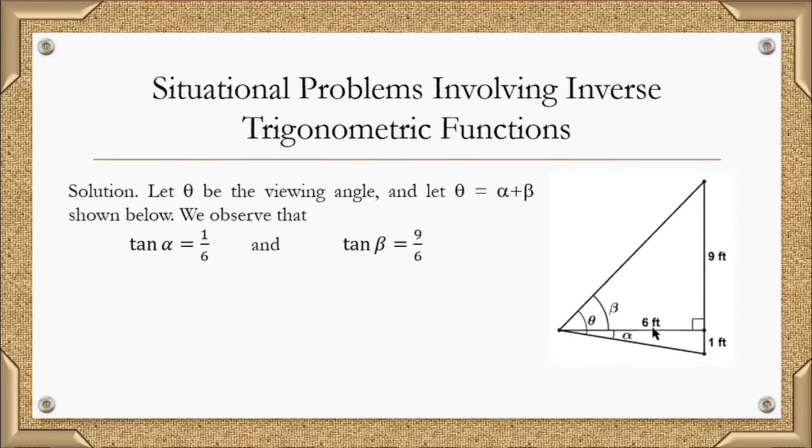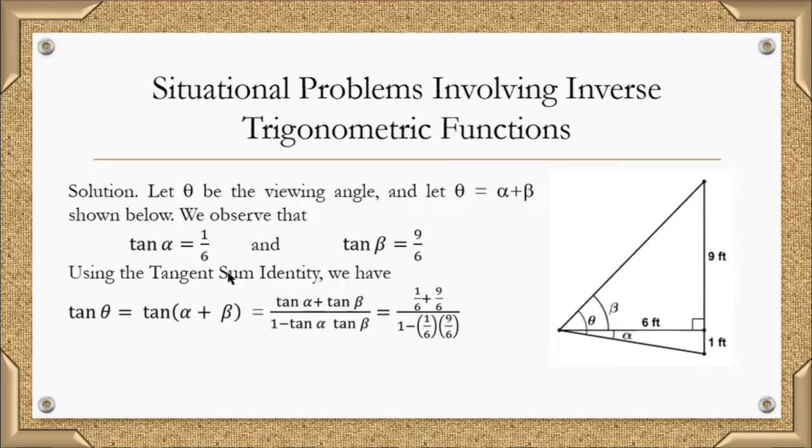At ang tangent beta naman ay opposite 9, adjacent 6. Opposite over adjacent. Okay. Next, since dalawang ating angle, the sum of A and B or alpha and beta, that's the angle theta, yung viewing angle. So pwede natin gamitin ang tangent sum identity.